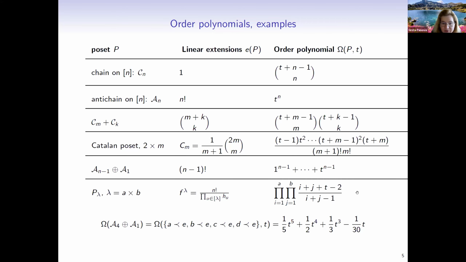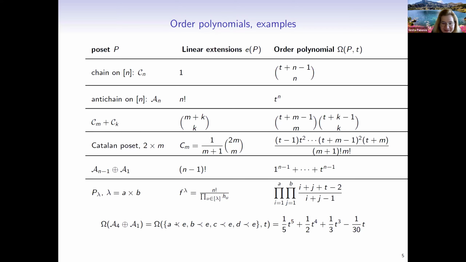And so here is already an example for the second: the anti-chain plus an element. We call it the mother of all counterexamples. So if you want to check if something is true, that's the poset to look at.